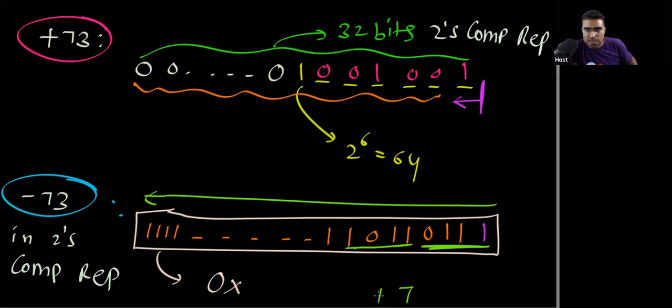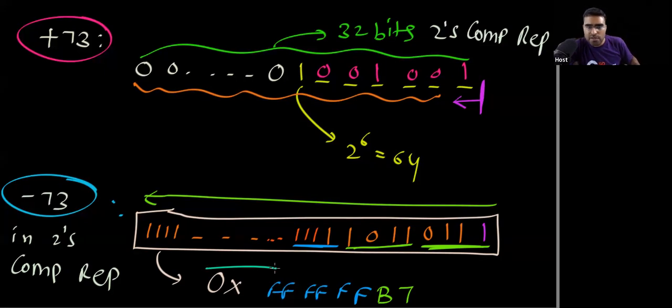That is B. Yes or no? This is B. And what about this? This will be F, right? Because actually this will be 1, 1, 1, 1, and so on. So this will be F. And finally, all will be FF, FF. Okay. So this will be your minus 73.